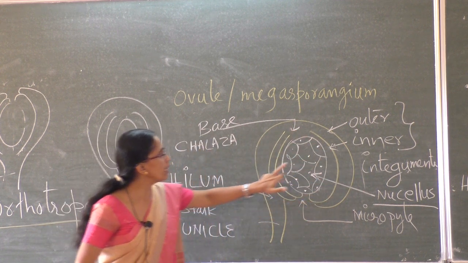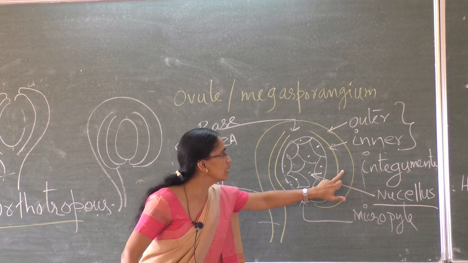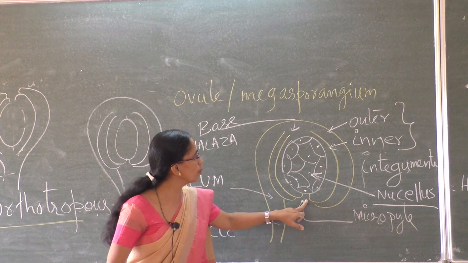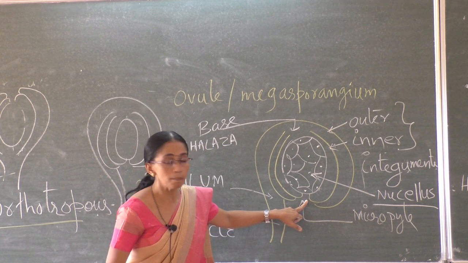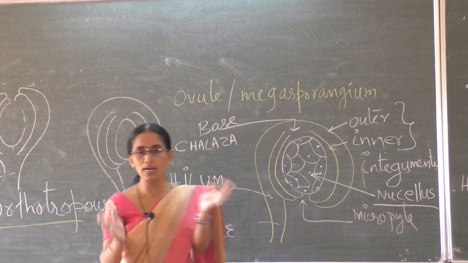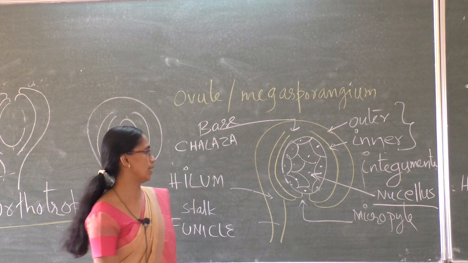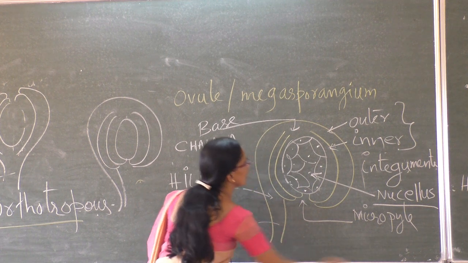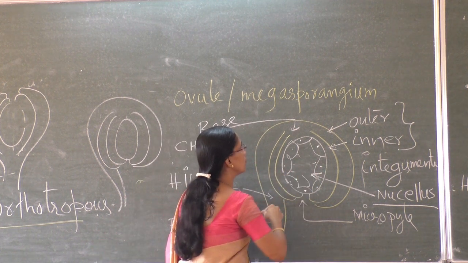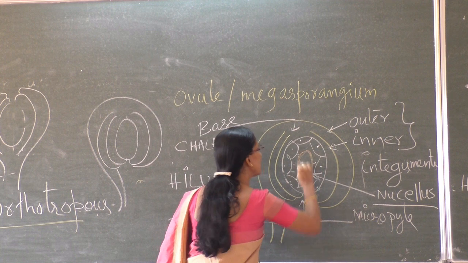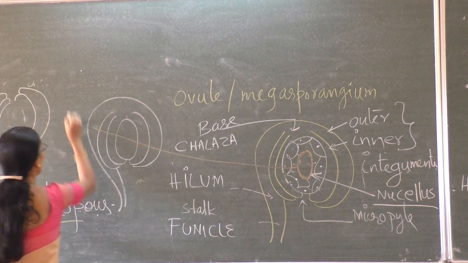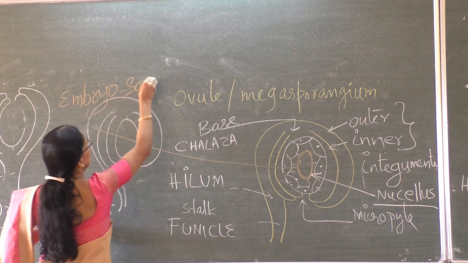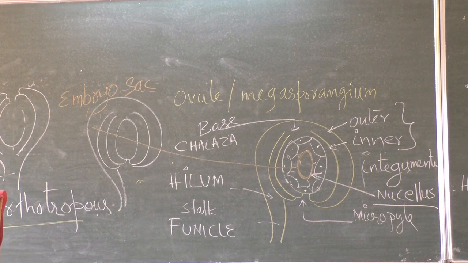The ovule is protected by protective layers, the integuments, inner and outer, which leave a small opening known as micropyle, and the inner nutritive mass of tissue is known as nucellus, which internally holds a structure known as embryo sac.